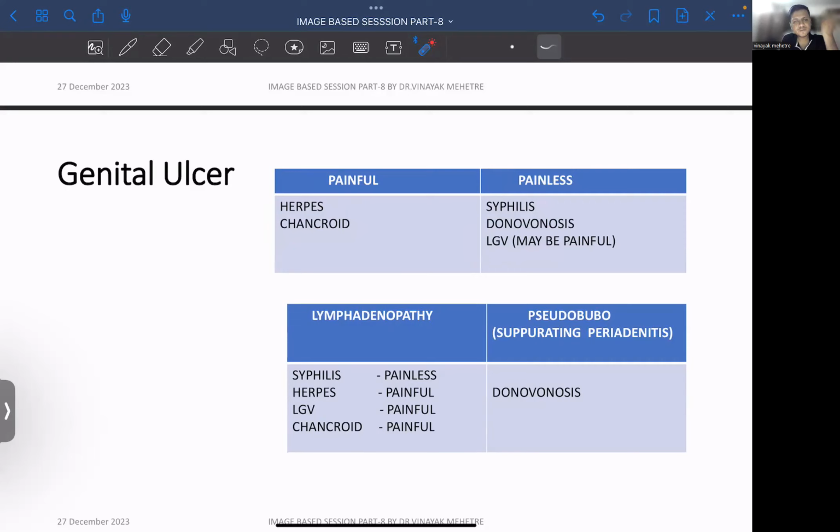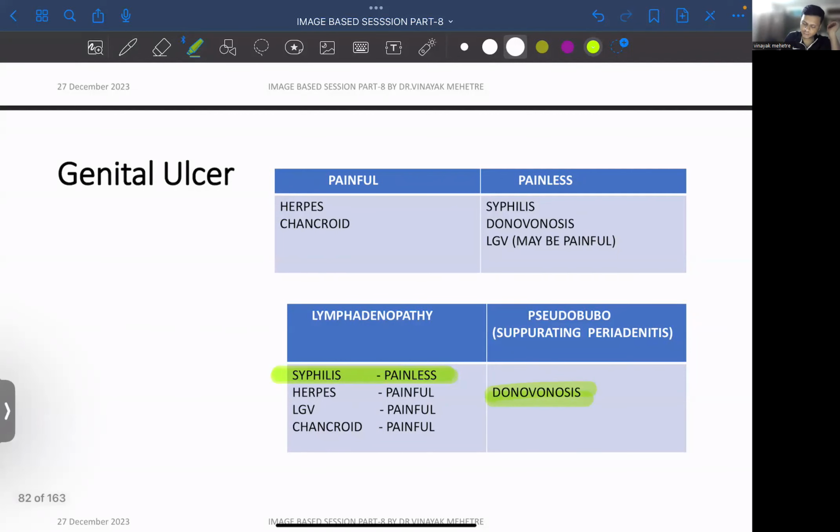Then comes lymphadenopathy, seen in syphilis. कौन सी lymphadenopathy होंगी? Painless. Herpes painful, LGV painful, chancroid painful. So in short, remember this: syphilis always starts as a painless lymphadenopathy. Bubo and pseudobubo is seen in donovanosis. ये टेबल अच्छे से पढ़ना है, questions will be easy.